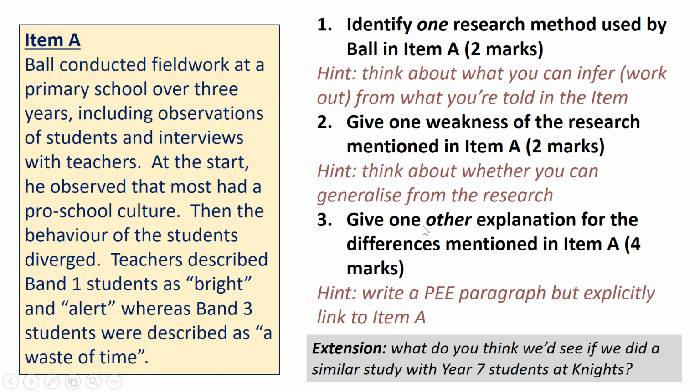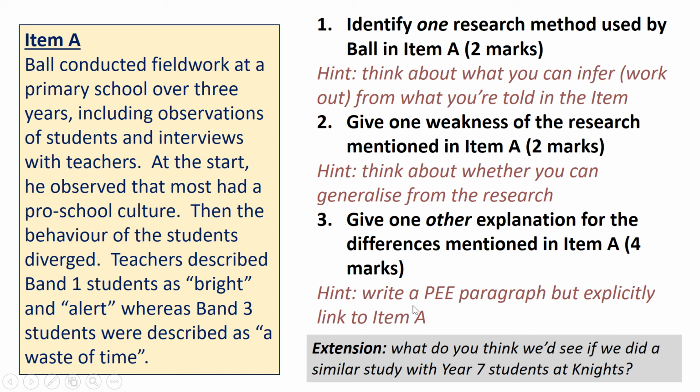And give one other explanation for the differences mentioned in item A. In other words, there will be some differences in the data here. There will be some reasons put forward from what Ball was studying, but this asks for another explanation. Think back to previous lessons on causes of educational underachievement and pick a different explanation.